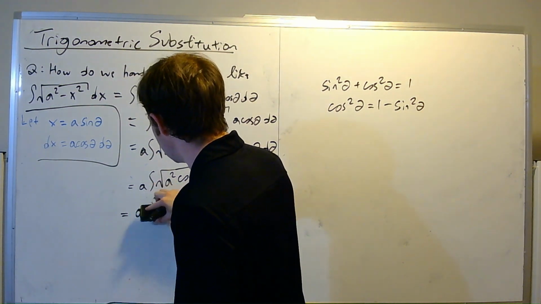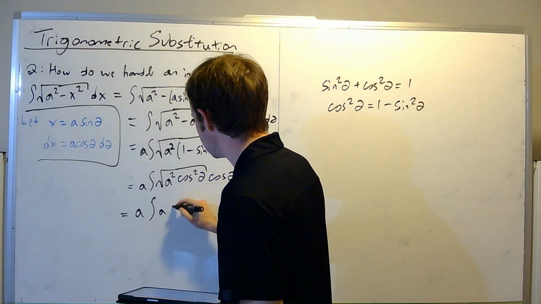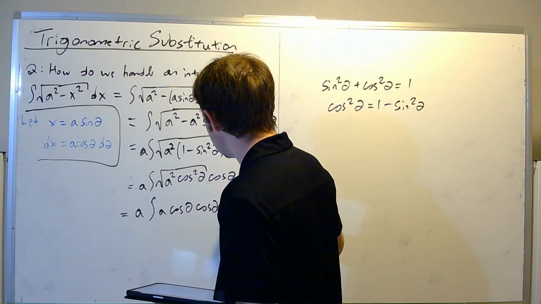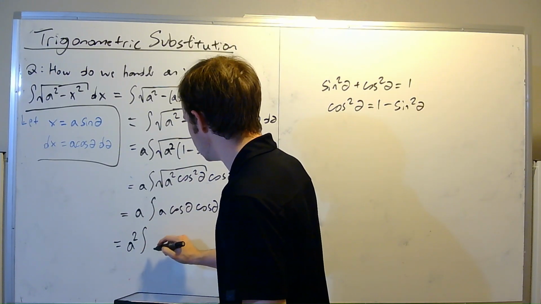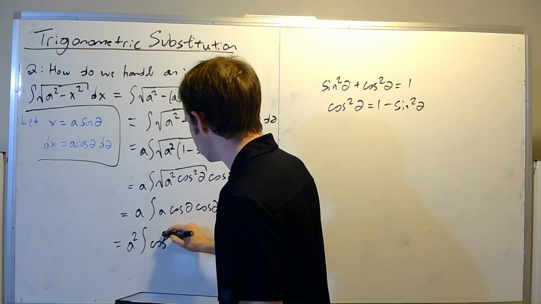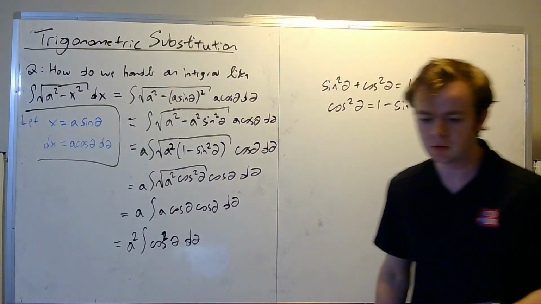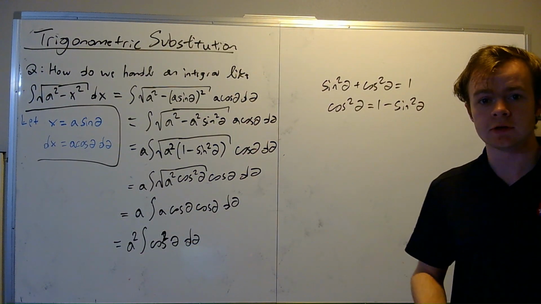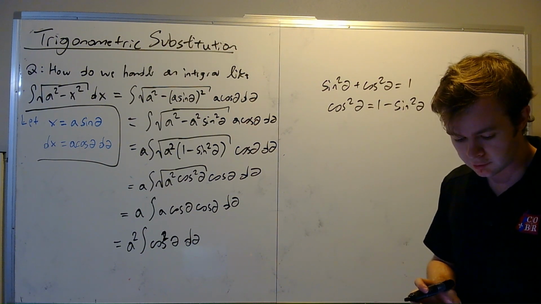So we get a times the integral of a cosine theta times cosine theta d theta, which is the same thing as a squared times the integral of cosine squared theta d theta. Okay. Right. So this is our integral here, and now we're trying to take the integral of cosine squared theta. We don't quite know how to do that, so that's an issue.